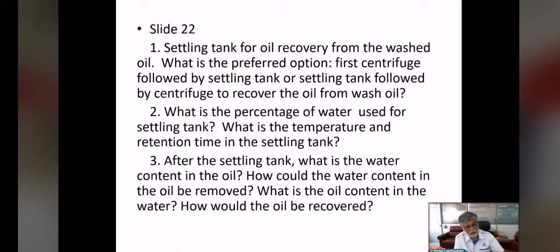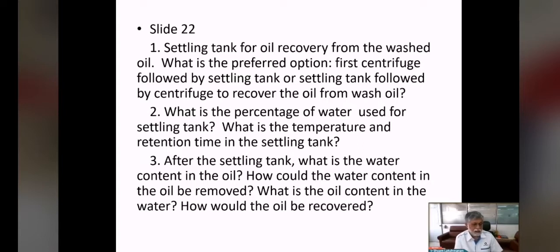So the water phase that leaves the centrifuge is fed into the settling tank. The settling tank serves as a phase separation between the two materials, oil and water, which fortunately have a difference in density. So it is basically using basic principles to separate the two phases. It's a standard settling tank. It is also equipped with a skimmer so that it removes the oil from the tank, and that oil is recovered back into the process.